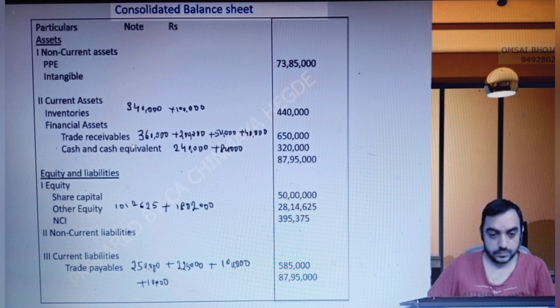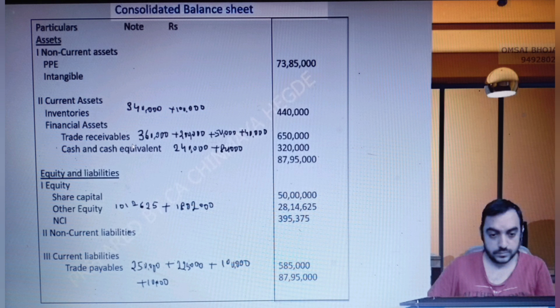So what is the net? 20 lakh plus 15.2 lakh plus 4.4 lakh minus 0.1, 39 lakh 50,000.